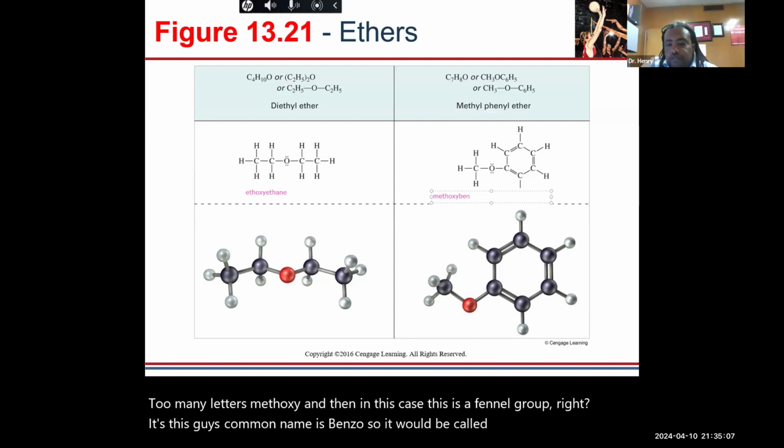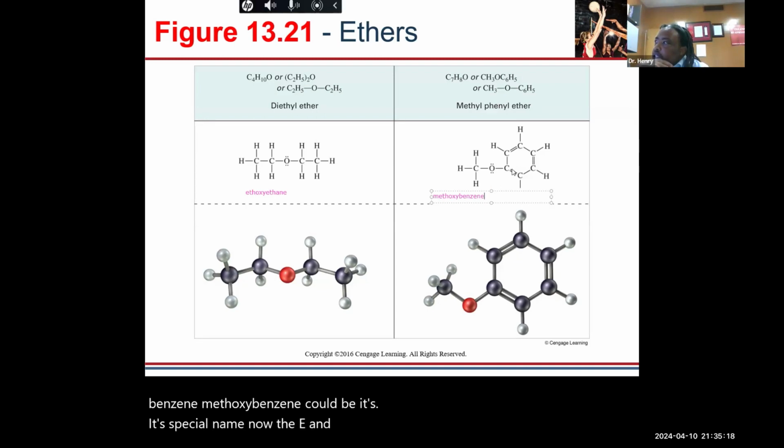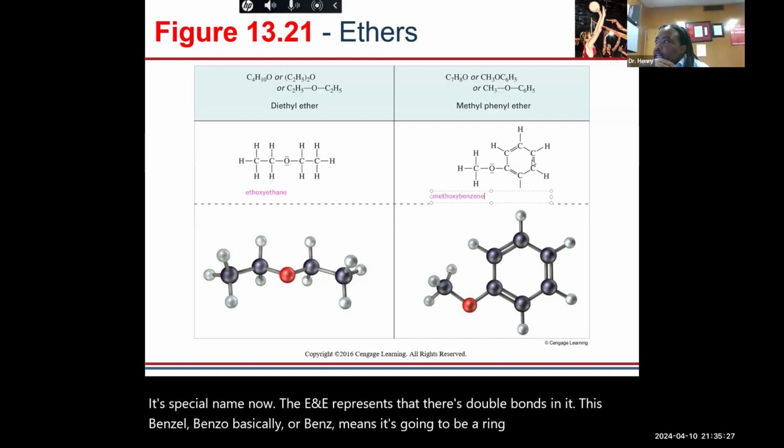So methoxybenzene would be its special name. Now the ENE represents that there are double bonds in it. Benz means it's going to be a ring where you have alternating double bonds.